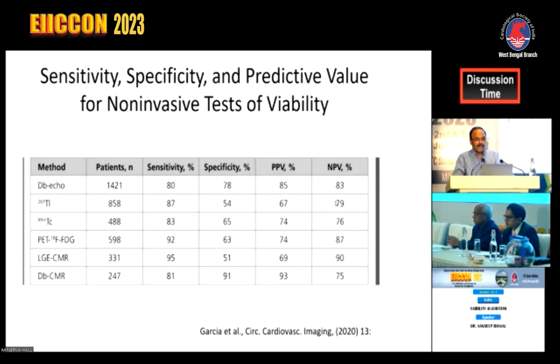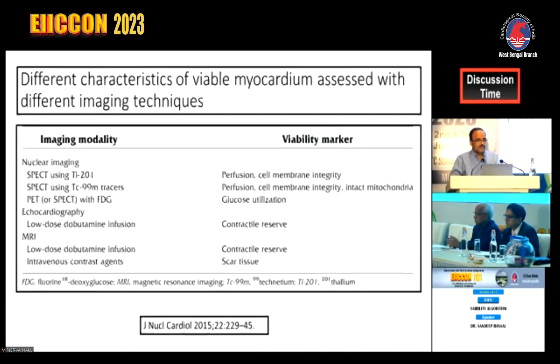And as we find, if you consider sensitivity, specificity, positive predictive and negative predictive value, the gold standard at the present time is FDG PET, although tough competition is being given by cardiac magnetic resonance imaging.